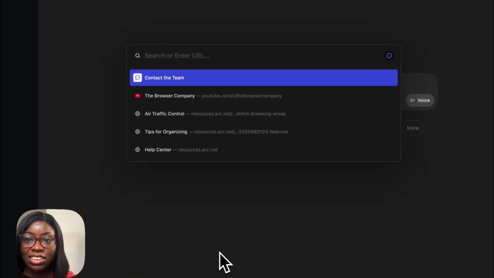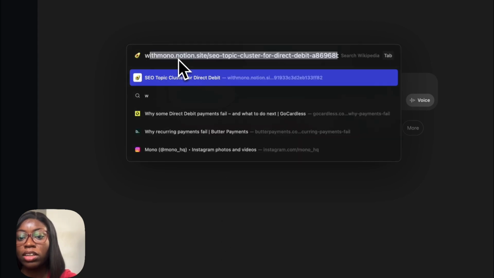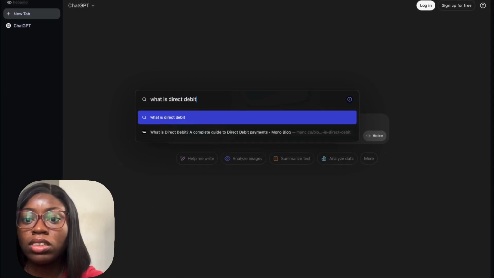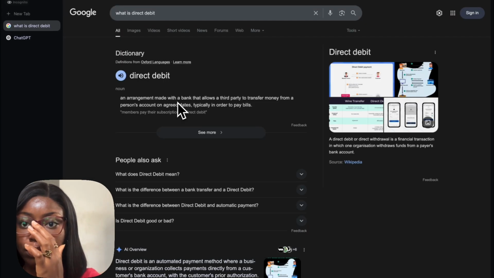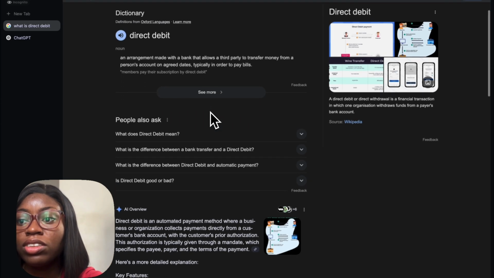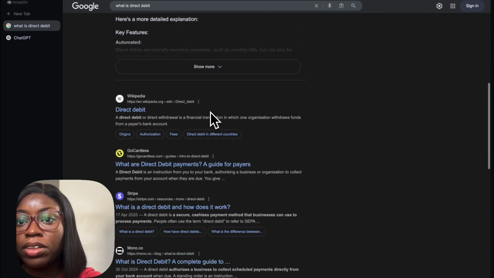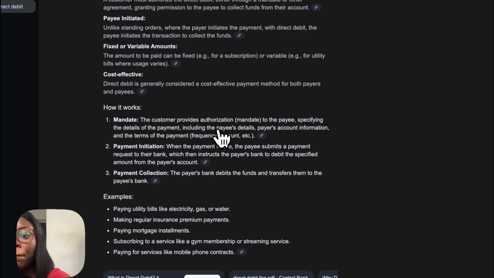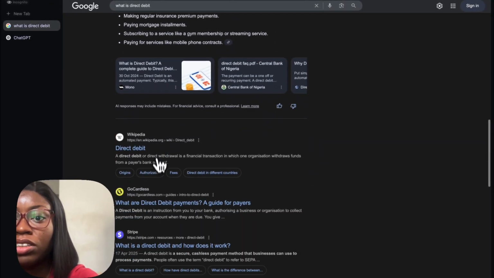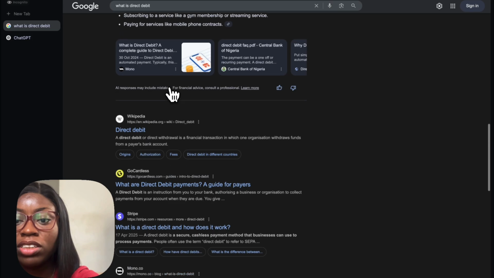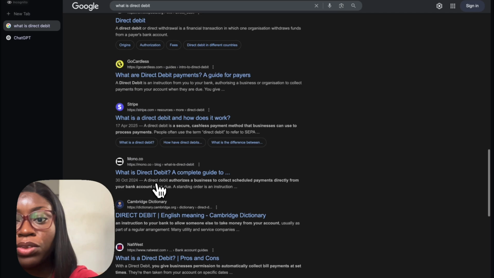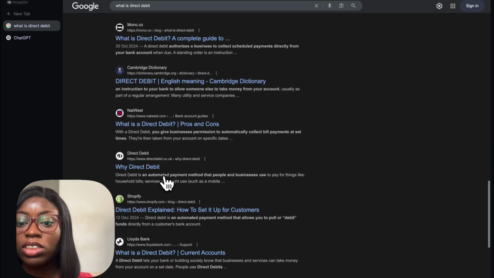Also, let's ask, what is direct debit? And see what comes up. You'd see that on AI overview, our article comes up as the first one here, and it's on position number 4 for this search result.